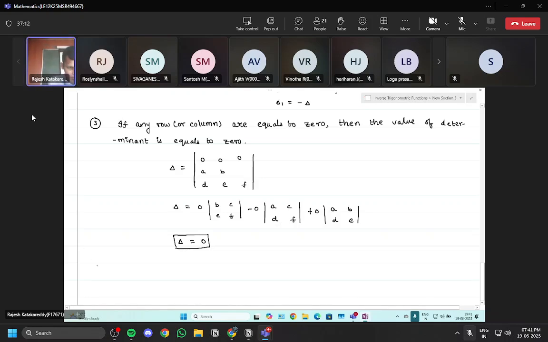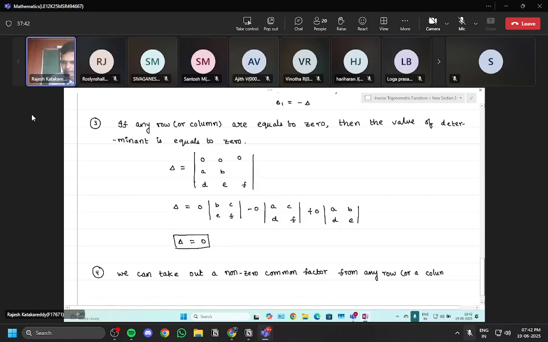Fourth one, we can take out a non-zero common factor from any row or a column.